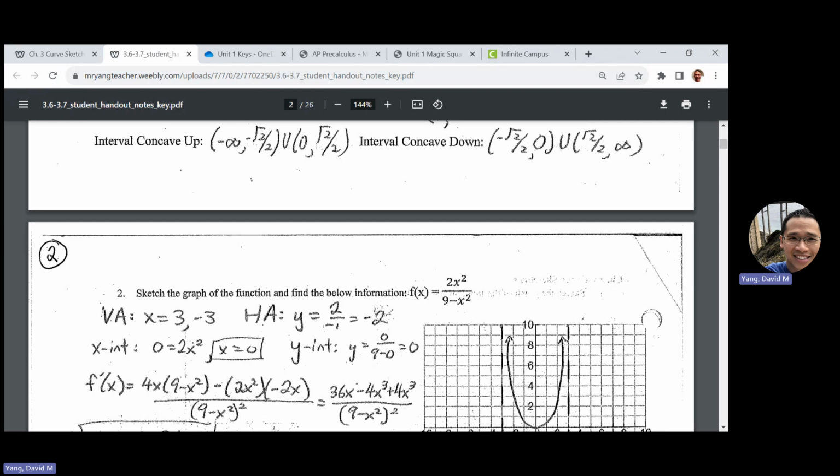So the two negatives will cancel out. Okay, that's it. Sorry, I don't remember last year.